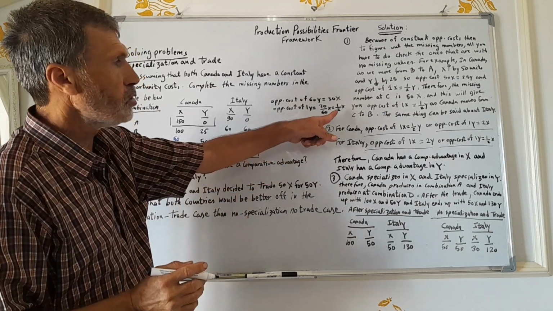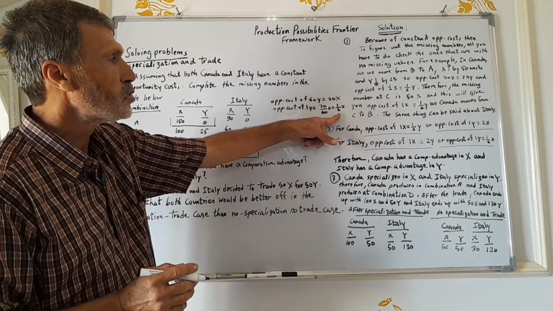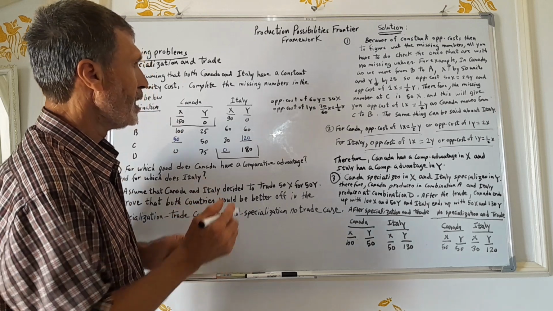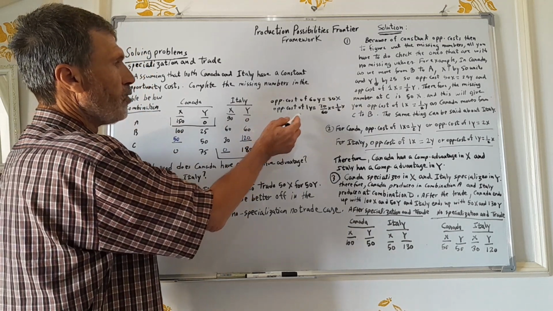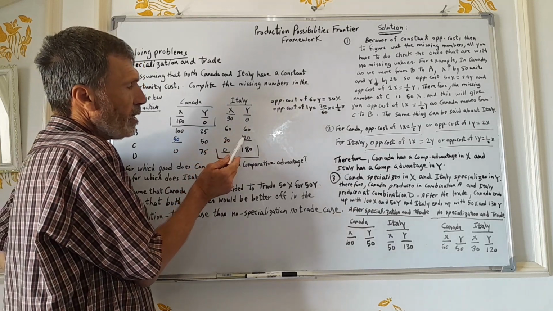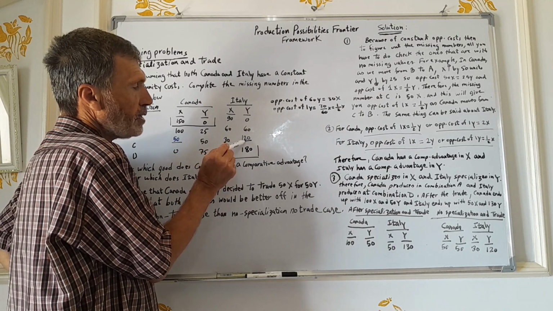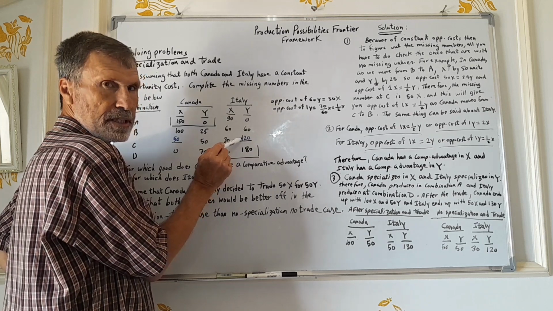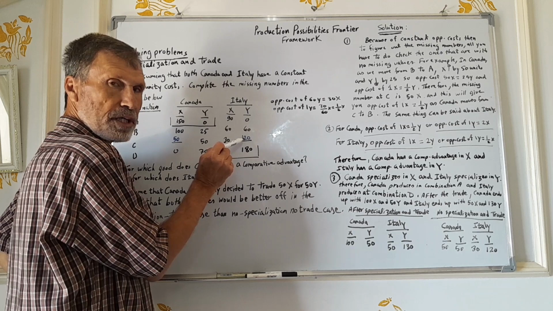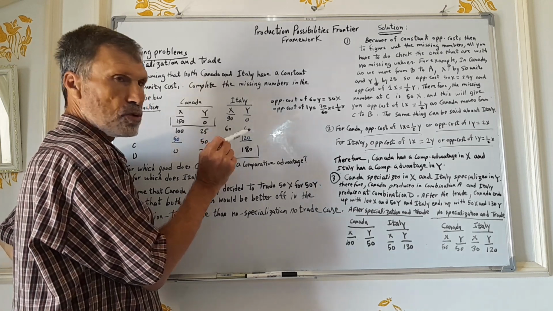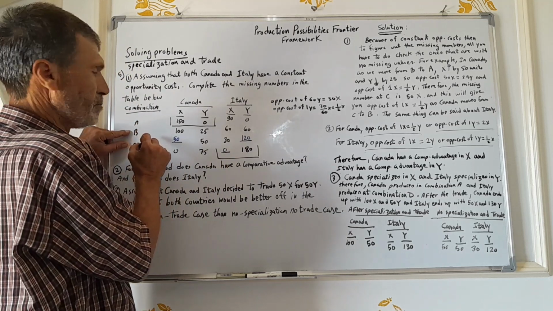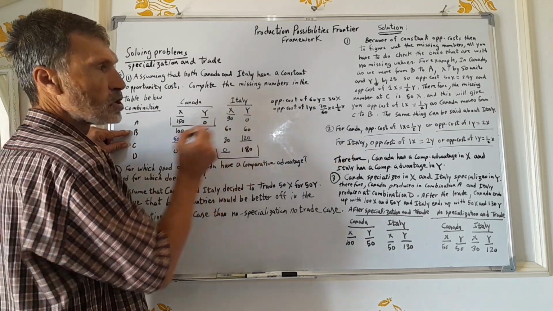Or the opportunity cost of x is equal to what? 2y. Okay, great. If we know the opportunity cost of y is equal to 1/2 x, then what should be written here? What number should we use to fill out the missing value over here in order to make sure that the opportunity cost as you move from C to B also gives you 1/2 x?